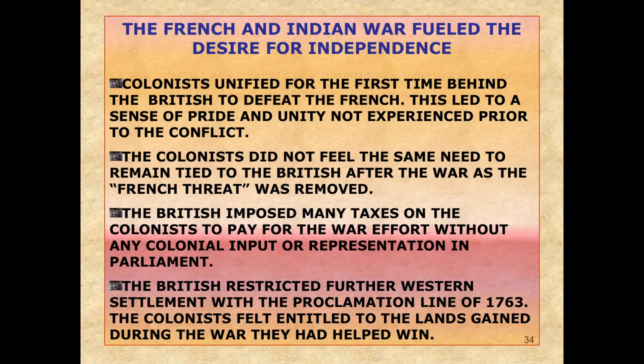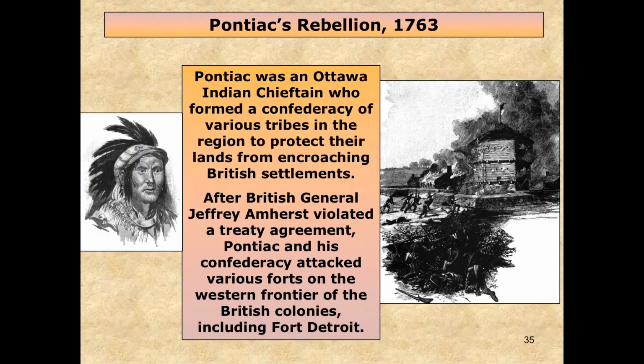But one thing that happens immediately after the war is going to be Pontiac's rebellion. And this right here is going to be the thing that's going to convince the British Crown that maybe moving into that territory isn't such a good idea.